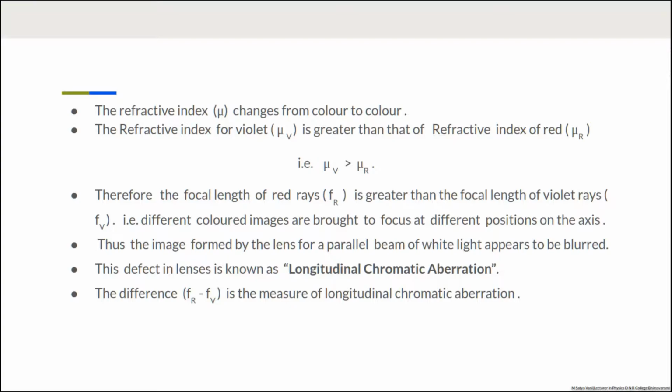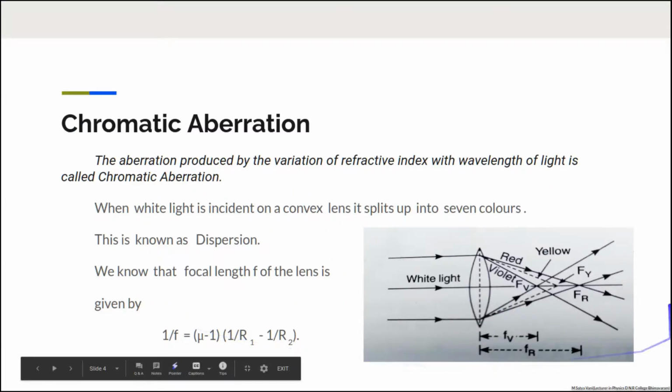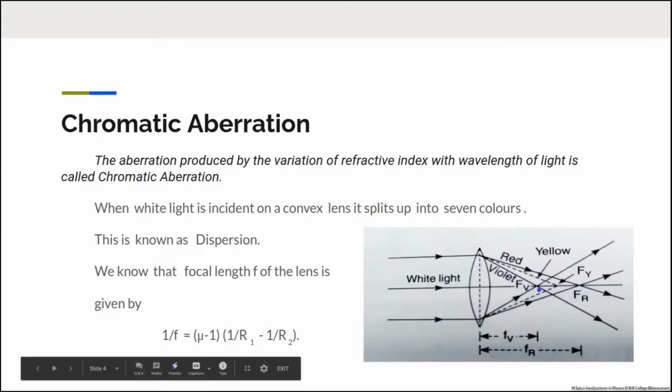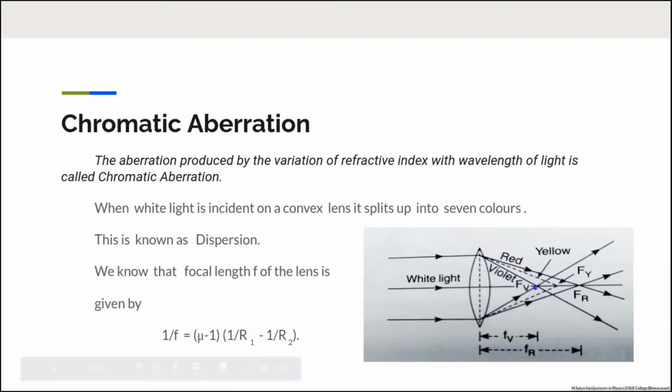That means different colored images are brought to focus at different positions on the principal axis as shown in the figure. In this figure, you can see that the violet image is formed at this point and the red image is formed at this point fr. The remaining colors of VIBGYOR are formed in between violet and red.